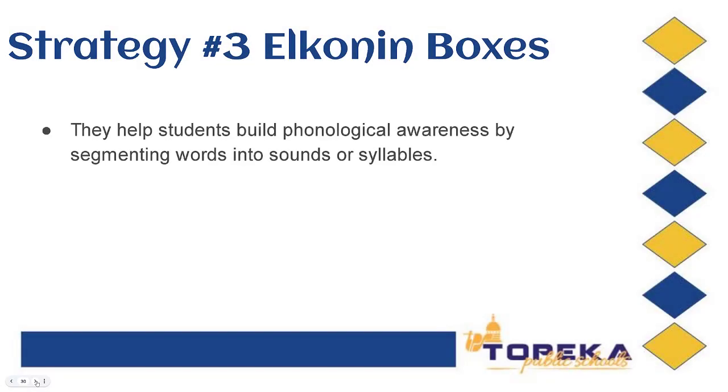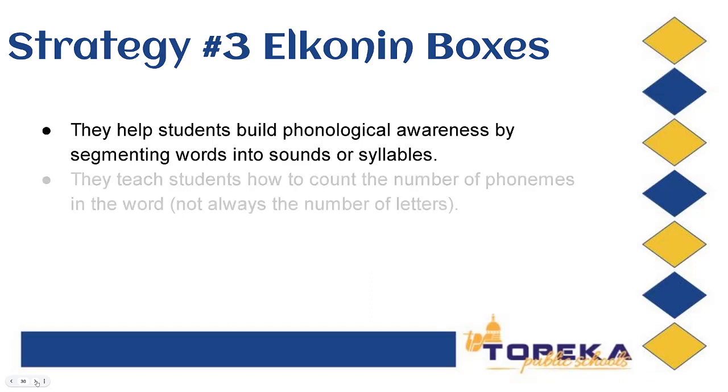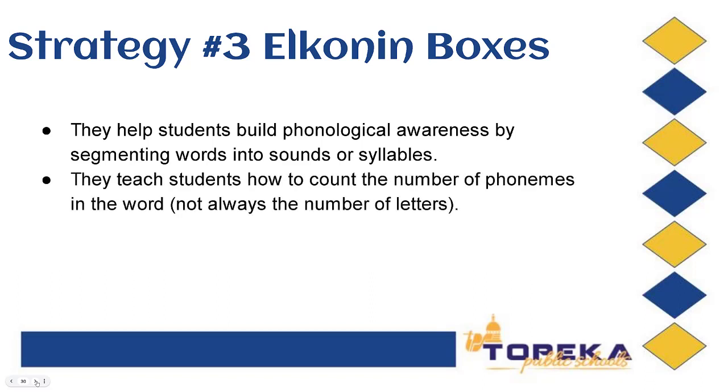So let's see how this might look. Elkonin boxes help students build phonological awareness by segmenting words into sounds or syllables into the boxes on the screen. They teach students how to count the number of phonemes in a word, not always the number of letters. For example, if I take the word check, I hear 3 sounds in that word.